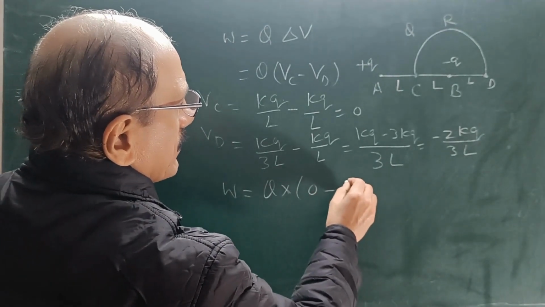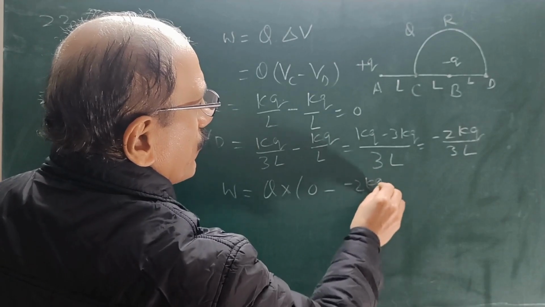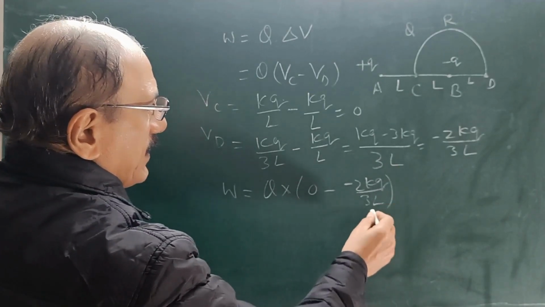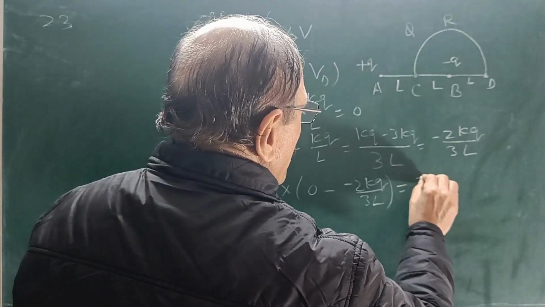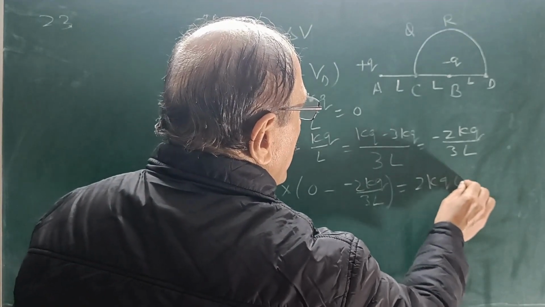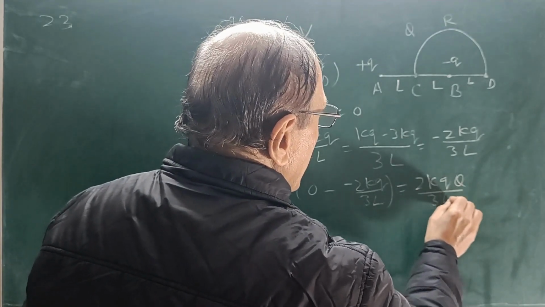0 minus 2kQ upon 3L, that is equal to 2kqQ upon 3L.